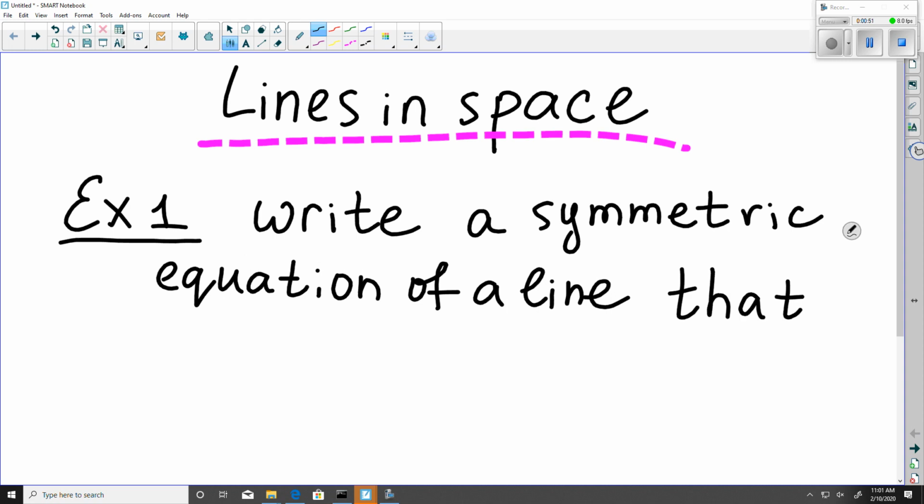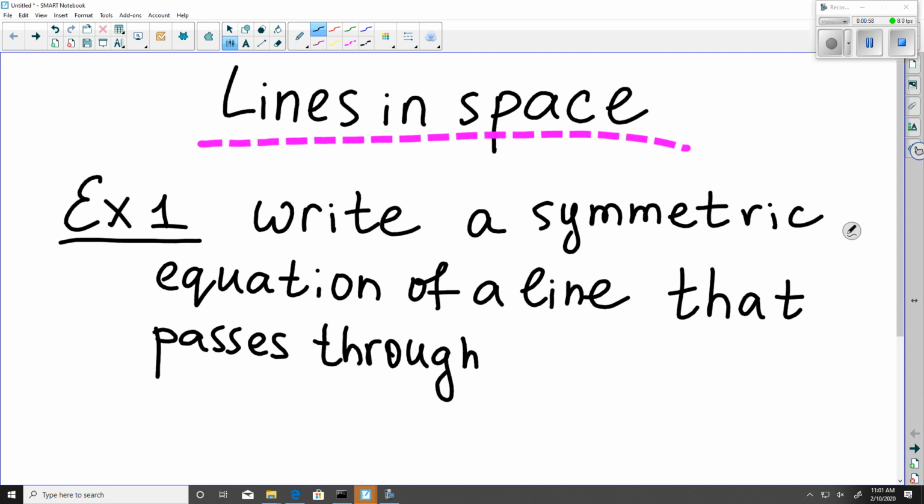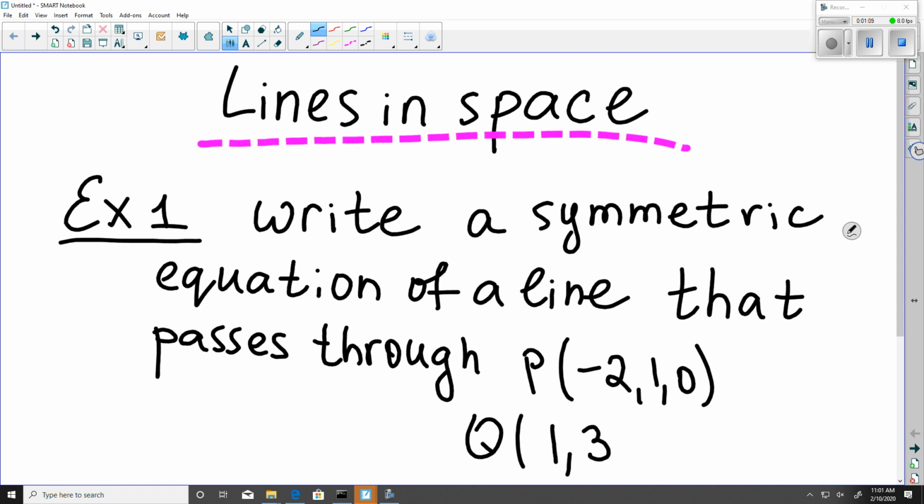That passes through point P minus 2, 1, 0, and point Q, which has the following coordinates 1, 3, and 5. Please write this down. Write a symmetric equation of a line that passes through point P and Q.